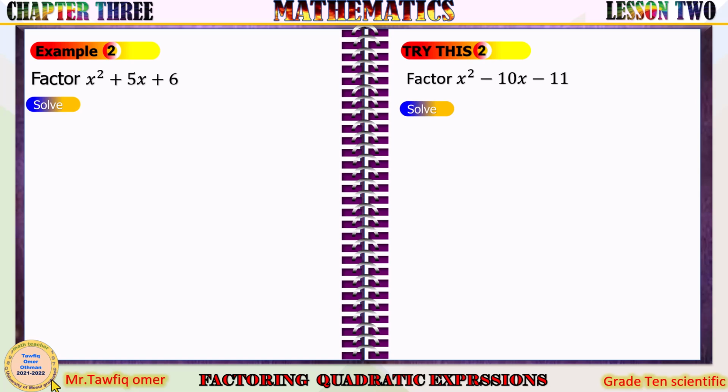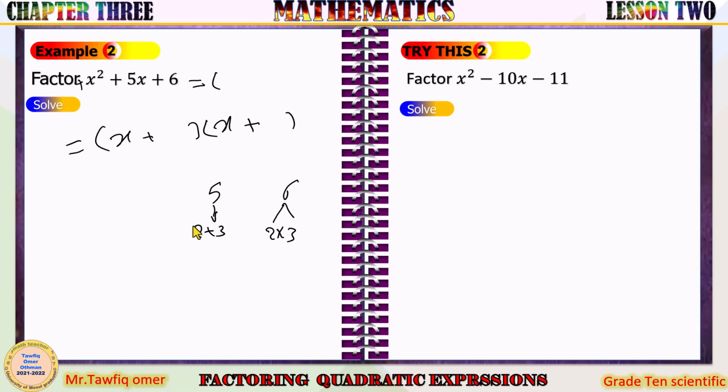Example number 2. Open two brackets. Plus times plus is plus, plus times plus is plus, x x. Because both brackets have the same sign, 6 must be 2 times 3, because 2 plus 3 is equal to 5, so here 2 and here 3.